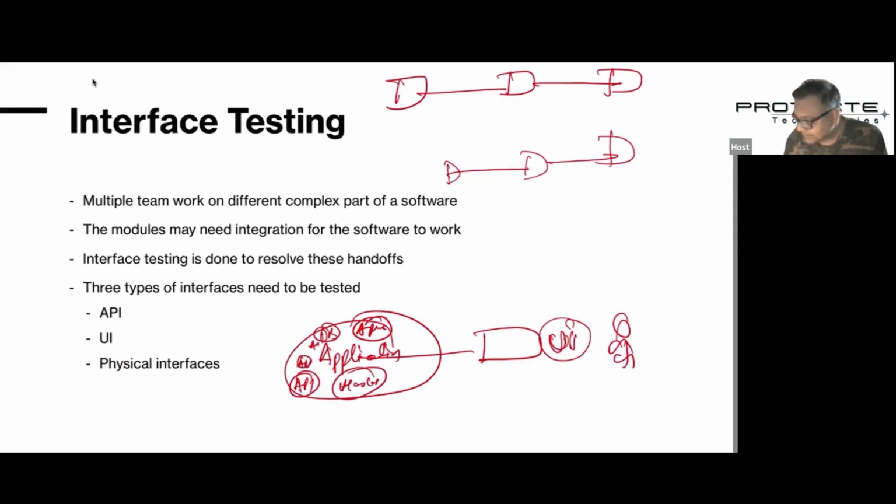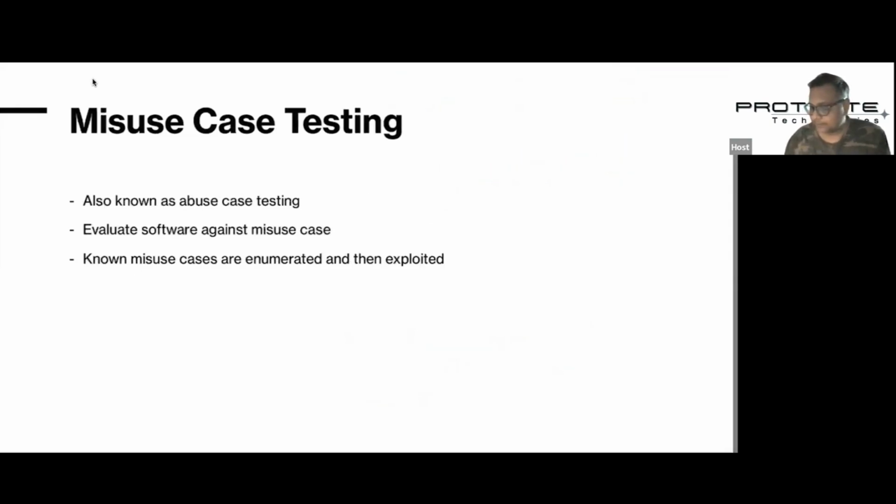Everybody has APIs these days. So you test that all the APIs are working properly. Finally, it has to be executed by some hardware. So how the UI, the application APIs, and the hardware work is checked in interface testing.